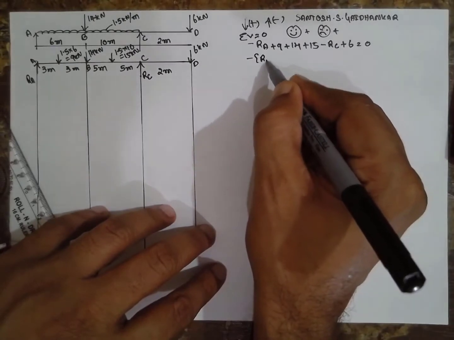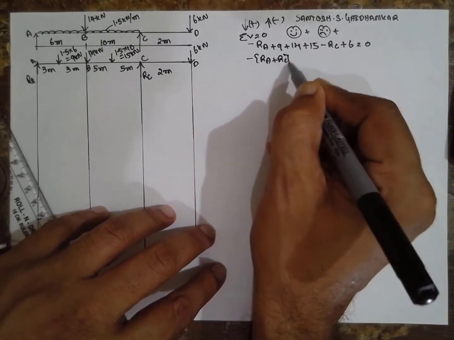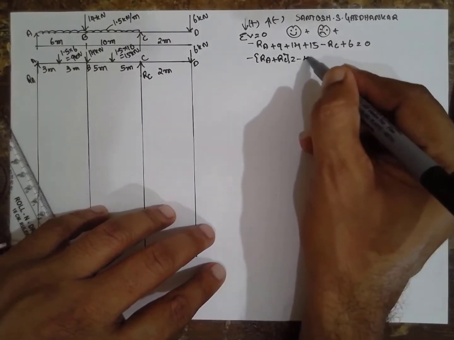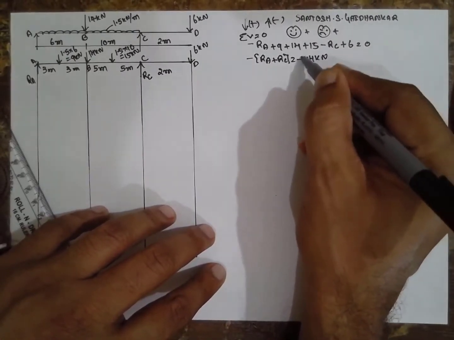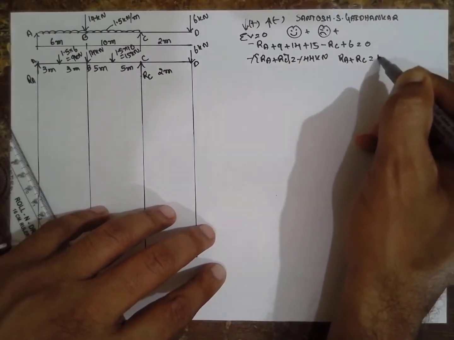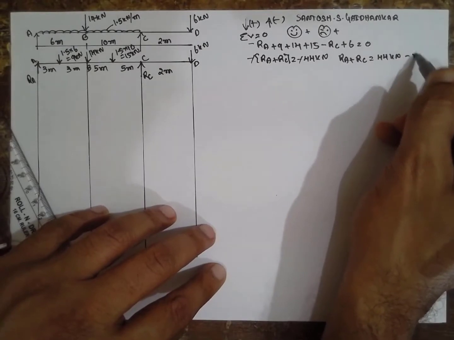Taking minus as common and bringing the entire term to this side, RA plus RC is equal to 44 kilonewton, equation 1.